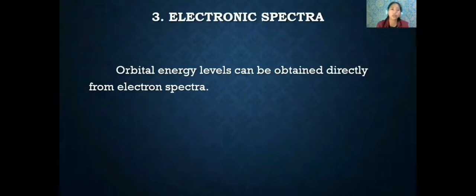Another factor here is the electronic spectra. Orbital energy levels can be obtained directly from electronic spectra. This can be observed with the different colors of the compound complexes.